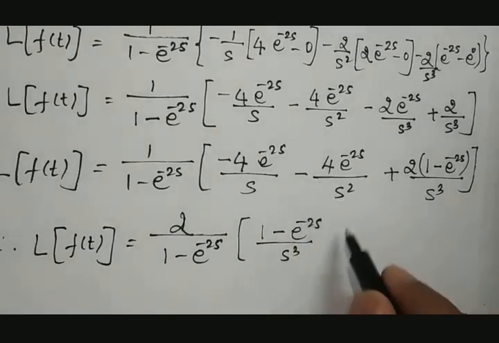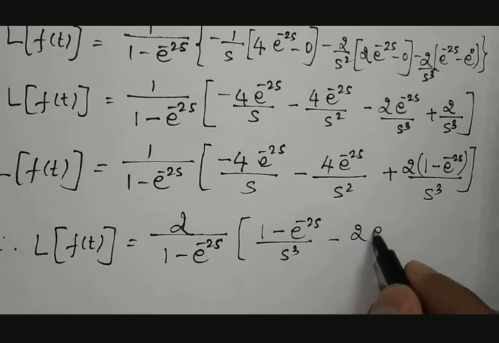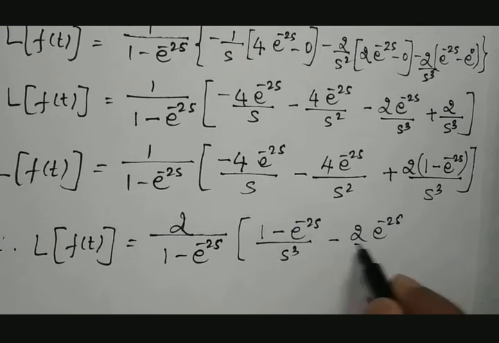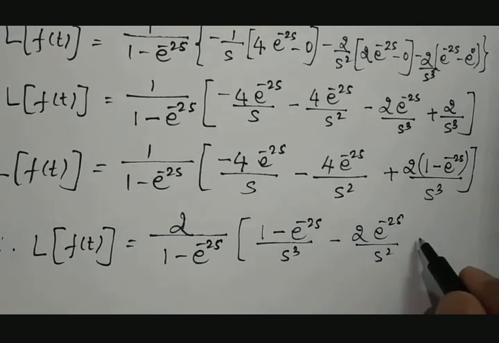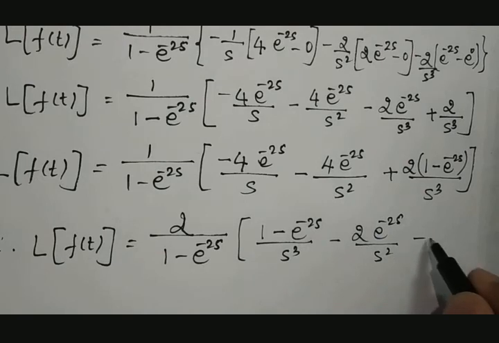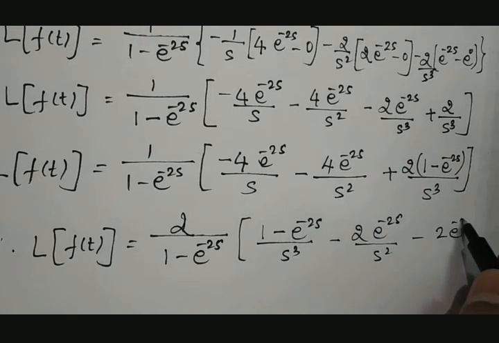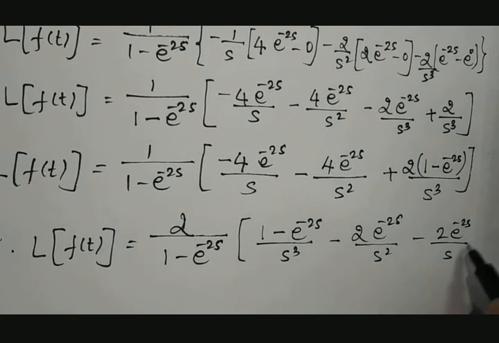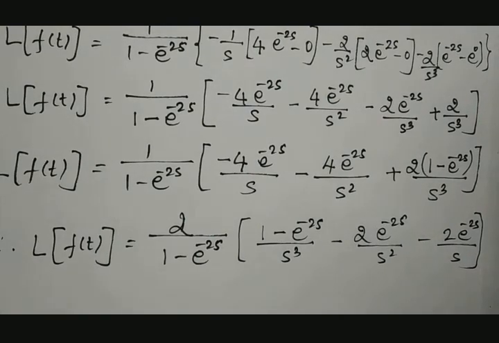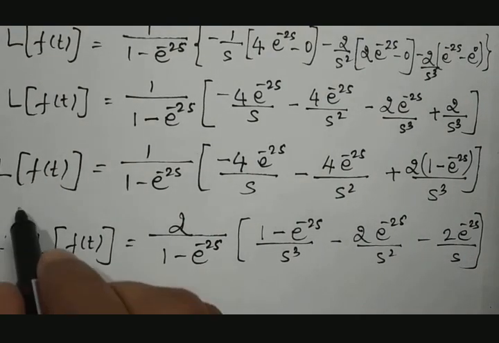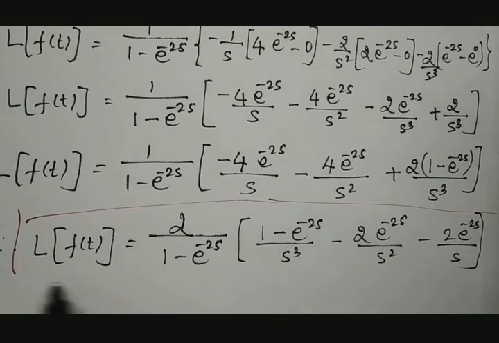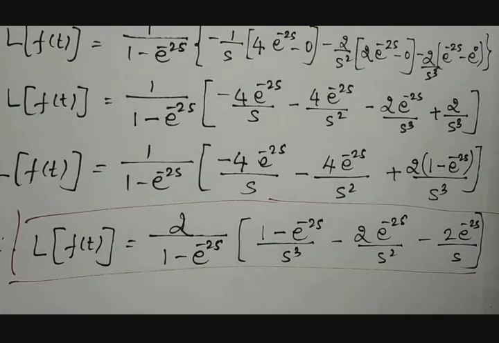Then s square term, that is 2 times e raised to minus 2s divided by s square, then minus 2 into e raised to minus 2s divided by s. Therefore, this will be the solution for the given example. Thank you.